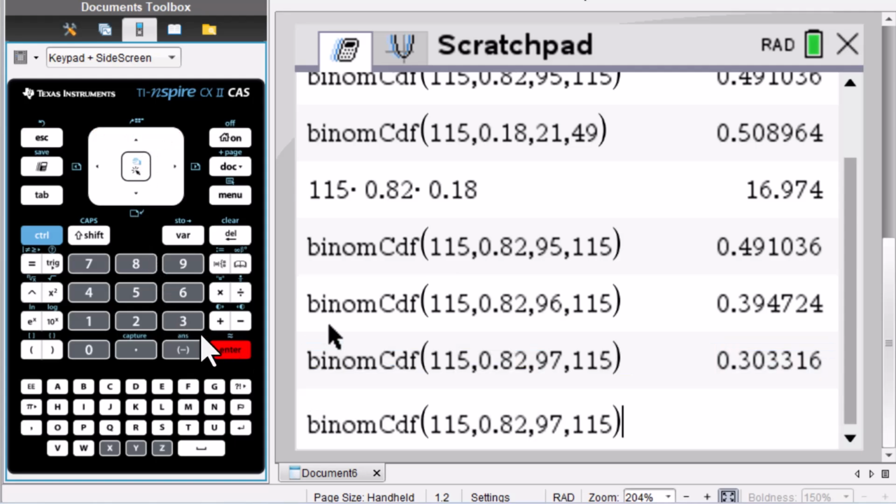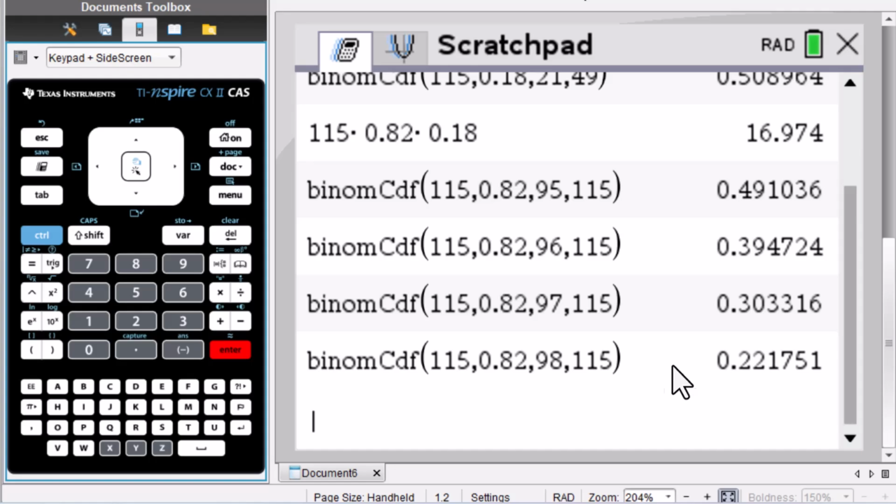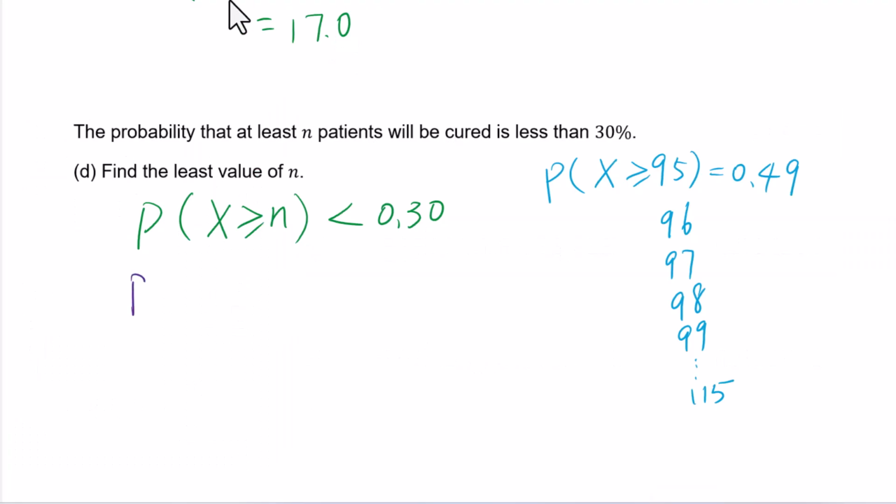Change 97 into 98. Enter. 0.222 is less than 0.3. So n equals 98, because the probability of X greater than or equal to 98 equals 0.222.